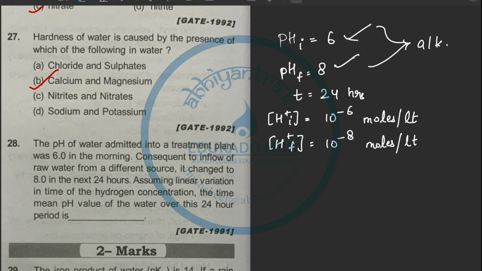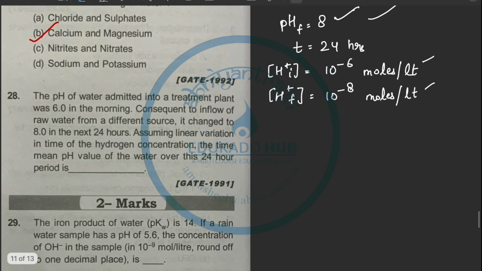So the concentration of H plus ion is decreasing from 10 to the power minus 6 to 10 to the power minus 8. And they are saying that we need to assume linear variation in time. Okay, so we can say of what? Of the hydrogen ion concentration. So if I plot a graph between what?